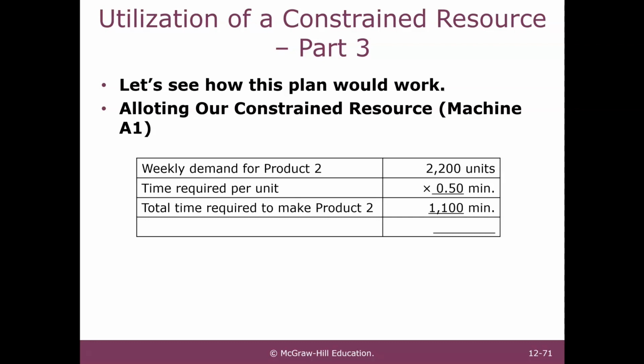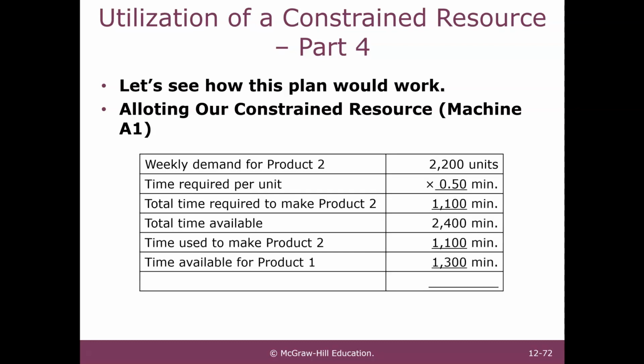The demand for product 2 is 2,200 units, and then times the required time in that bottleneck, that constrained resource, is a half a minute. The time required to make product 2 and fulfill the demand is 1,100 minutes. Now remember, they have 2,400 minutes available.